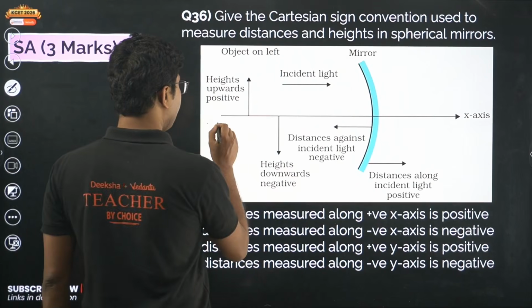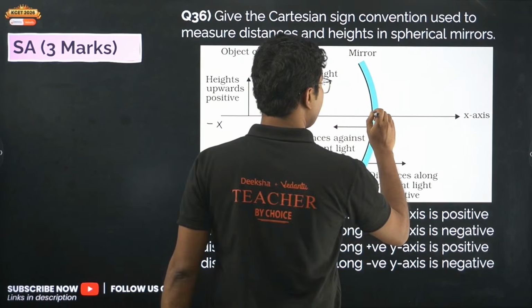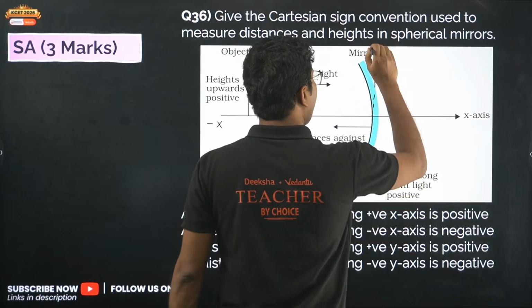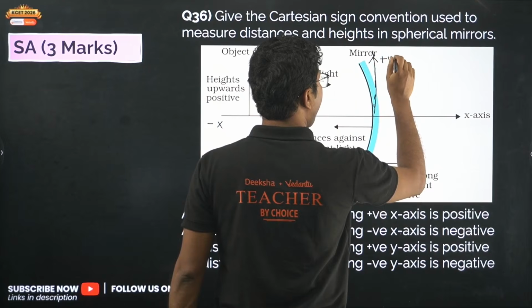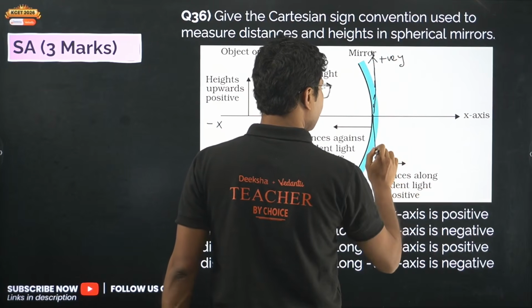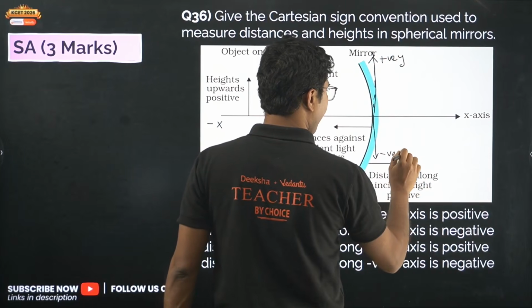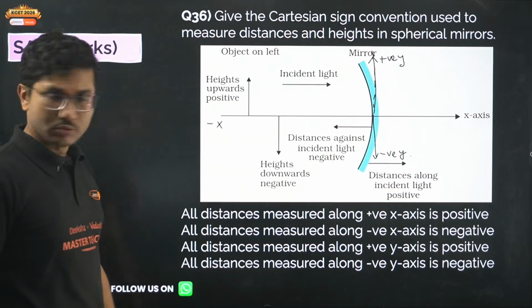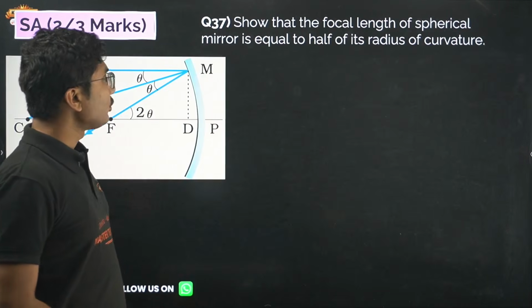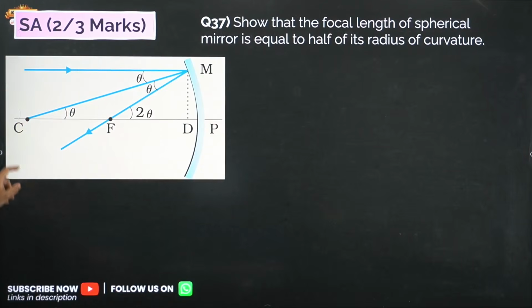So mention this is negative x. You mention the y-axis as well. This is positive y and this is negative y. Mention everything. Now next, move on. Show that the focal length of spherical mirror is equal to half of its radius of curvature.